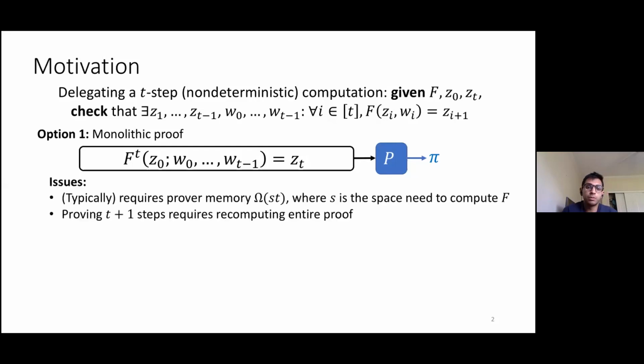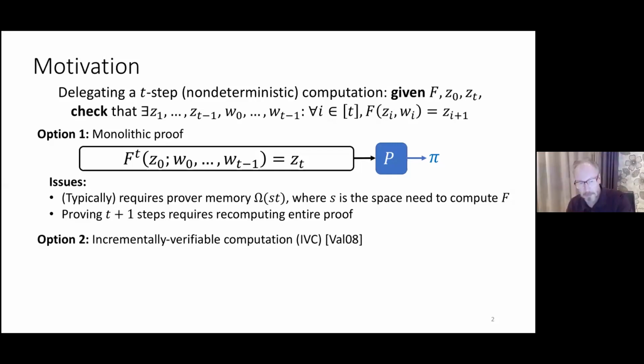Now, this is a simple approach, but the problem is that it requires a large amount of prover memory. So it's s times t, where s is the space required to compute f. And furthermore, if you want to now produce a proof for an additional t plus 1th step, this requires redoing the entire proof from scratch. You can't easily reuse most of the computation that you've already done, right?